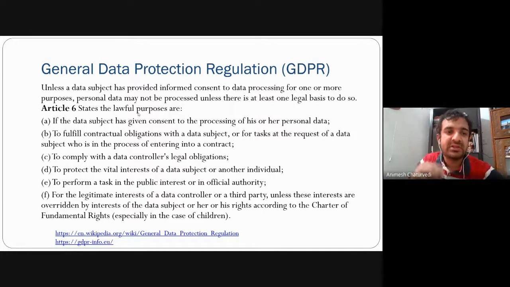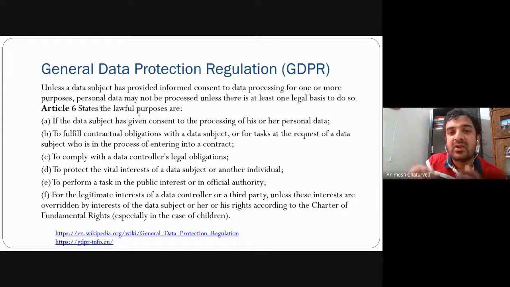The next is to fulfill a contractual obligation with the data subject, or for a task at the request of the data subject who is entering into a contract. Suppose the data subject is a citizen in a contract with an organization.